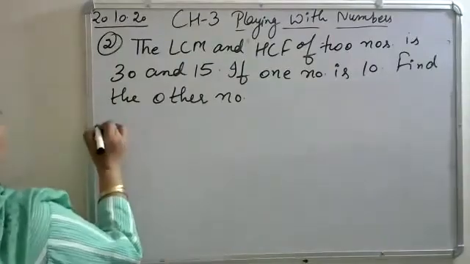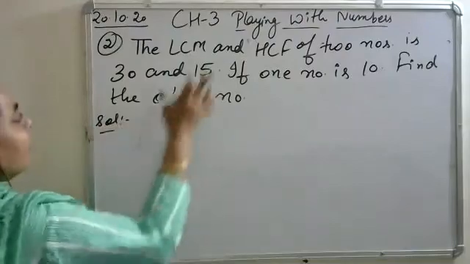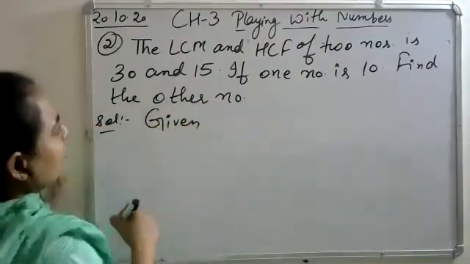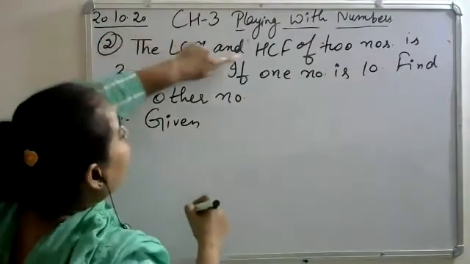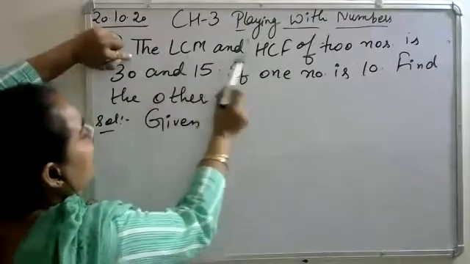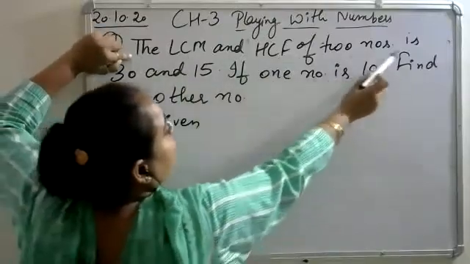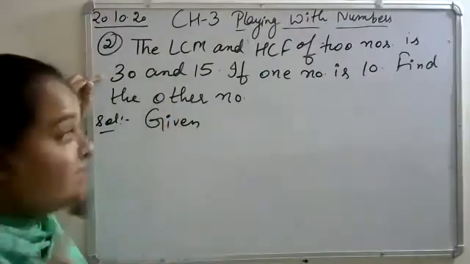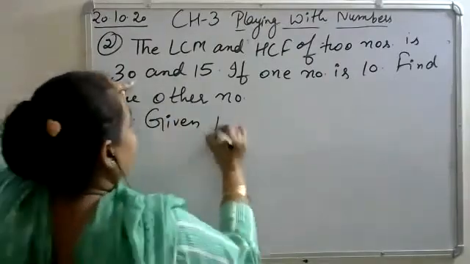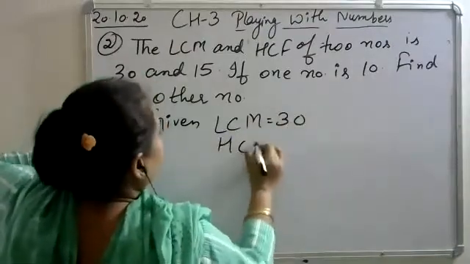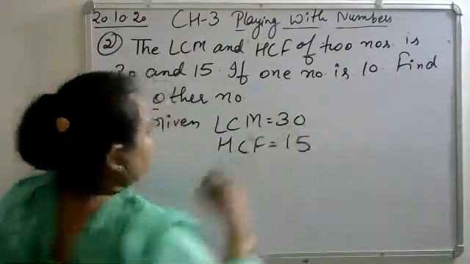Okay, so let's start. First of all, write down given information. Given. What is given? LCM and HCF. It means the LCM and HCF of two numbers is 30 and 15. It means 30 is the LCM and HCF is equal to 15.